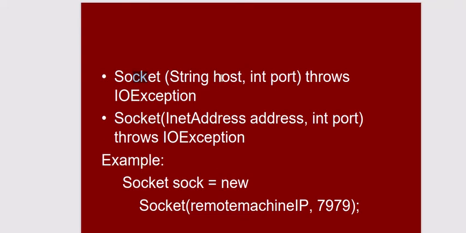It takes a string host name or an actual address in the form of four 32-bit numbers called a dotted decimal number, and a port. And this method is often marked as throwing an IO exception for the reason I've given you.